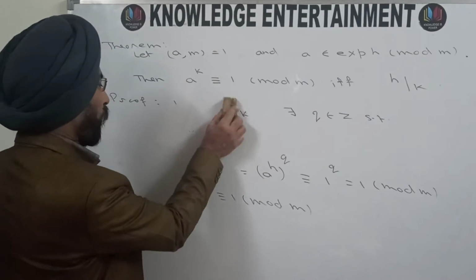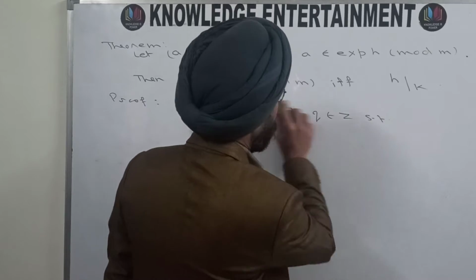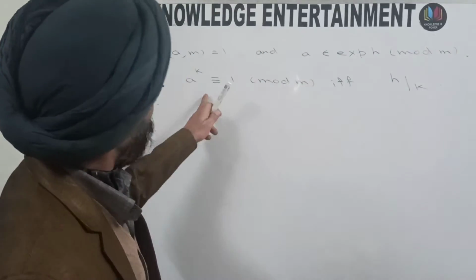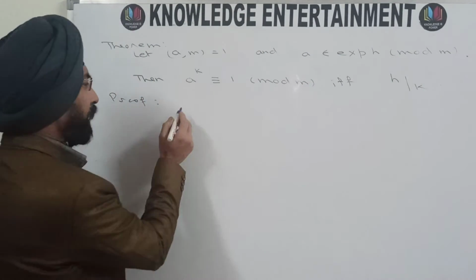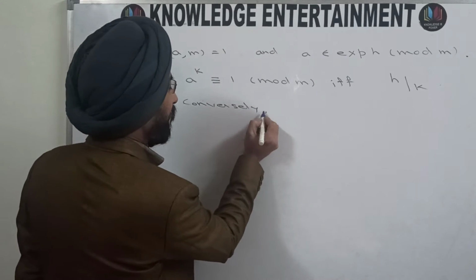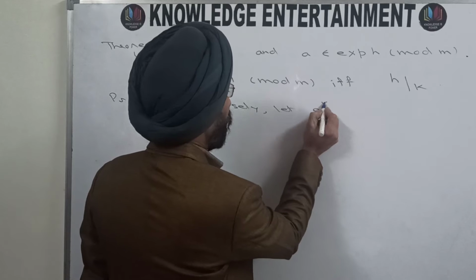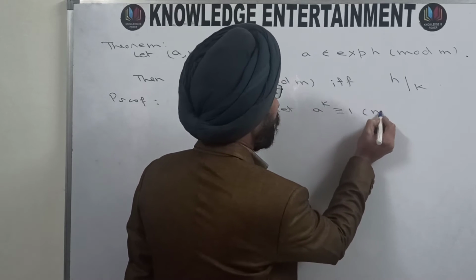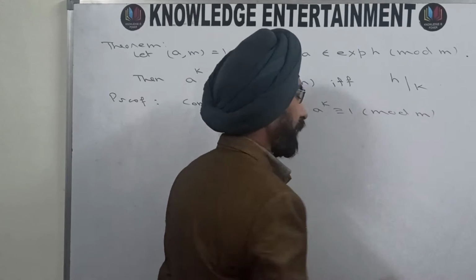Now move on to the converse part. Let us see how to prove the converse of this theorem. Conversely, let a raised to the power k be congruent to 1 modulo m.